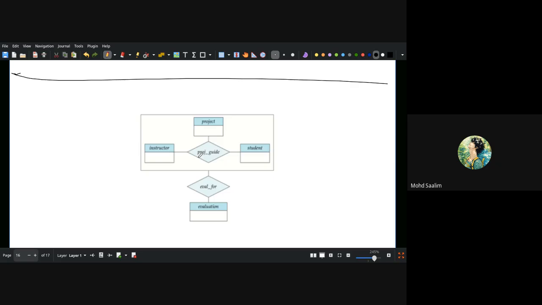How many entity sets are participating in this relationship? So this is a ternary relationship, right? Instructor, project, and student. All three entity sets are participating in this relationship. So this is a ternary relationship.